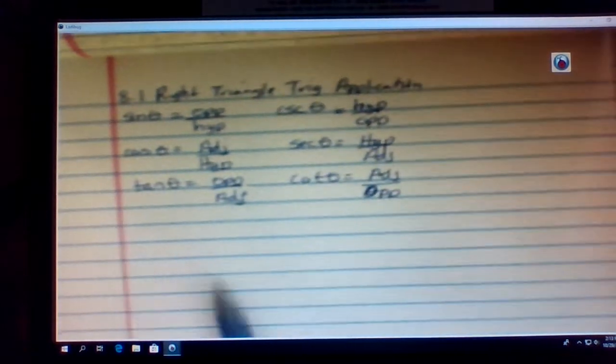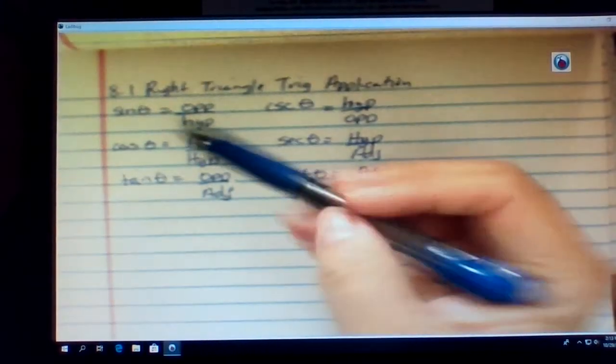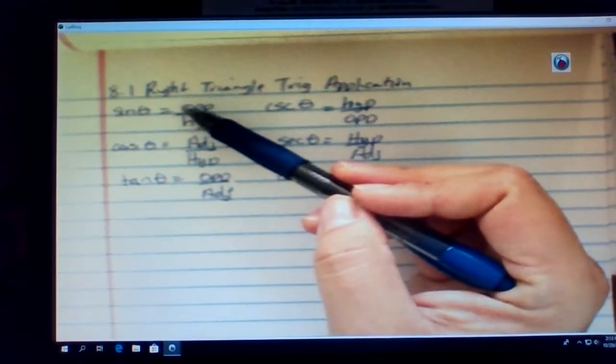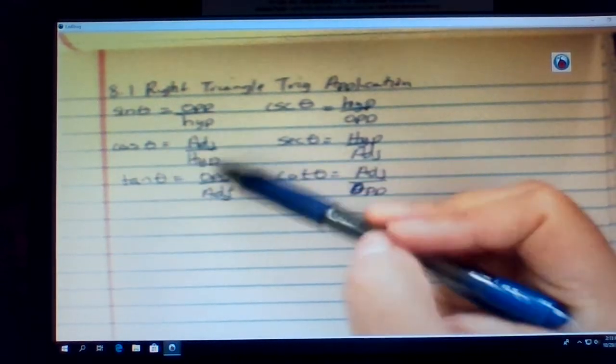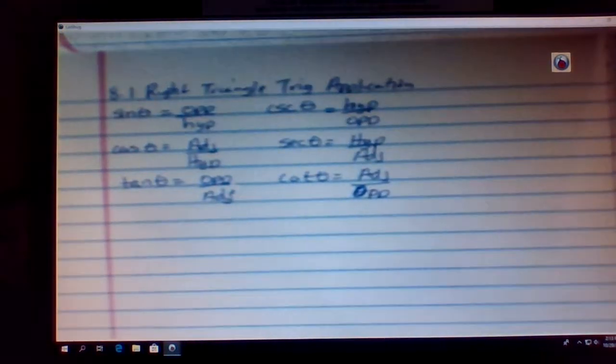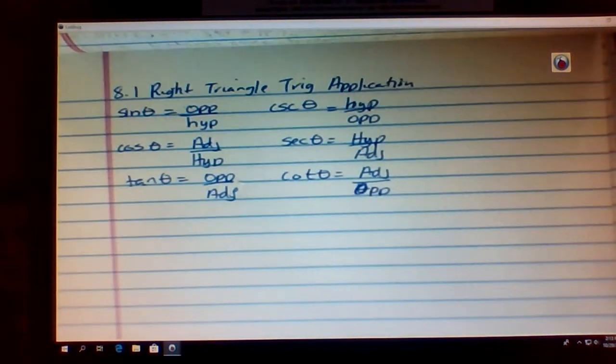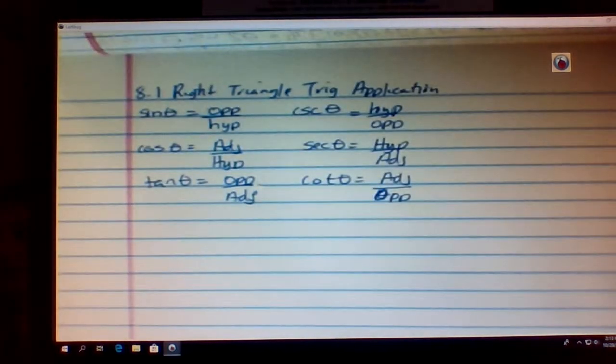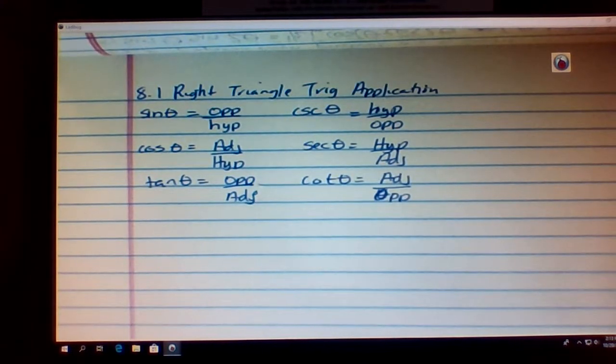Beautiful. Okay. So it is SOHCAHTOA, because it's SOH, CAH, and TOA. My goodness, the focus of this is just so beautiful. Look at that. All right, there it is.